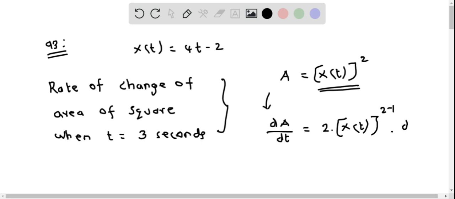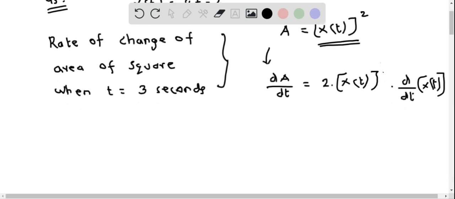And we will also have to apply the chain rule to find the derivative of x of t. So we write down like this, d by dt of x of t. Now we can see that 2 minus 1 is basically 1, so you can just remove this, and this becomes 2 times x of t times d by dt of x of t. So first let's find this quantity d by dt of x of t.